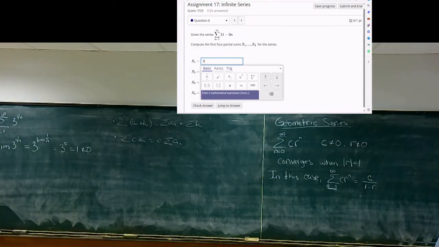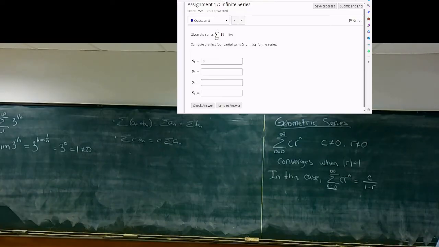So the first partial sum is just 8. Second partial sum, you'd go 1 to 2. Well, we already have the first partial sum, right? The second partial sum would be the first partial sum plus the next term. So what is 11 minus 6? 5. Now add 8. 13. That'd be your second partial sum.